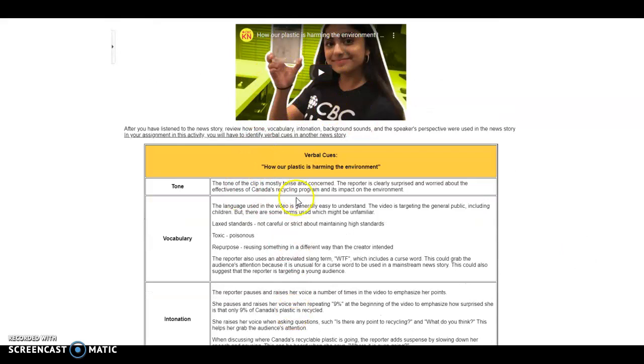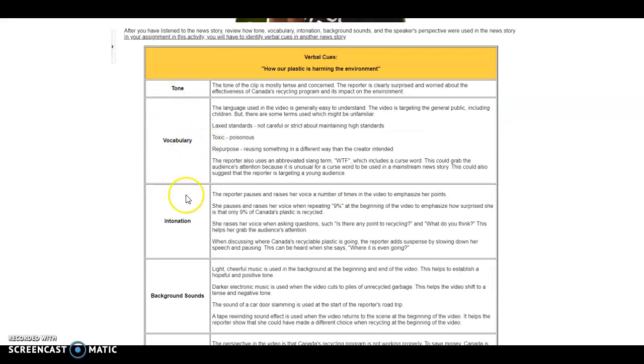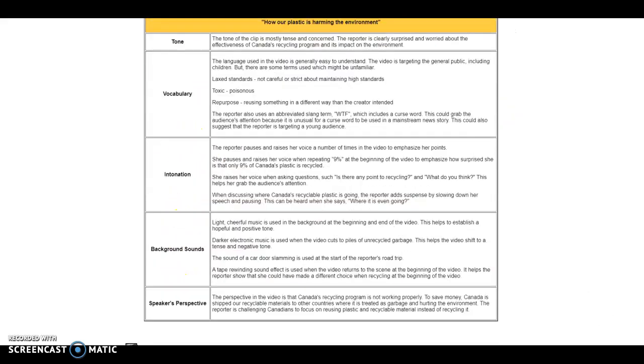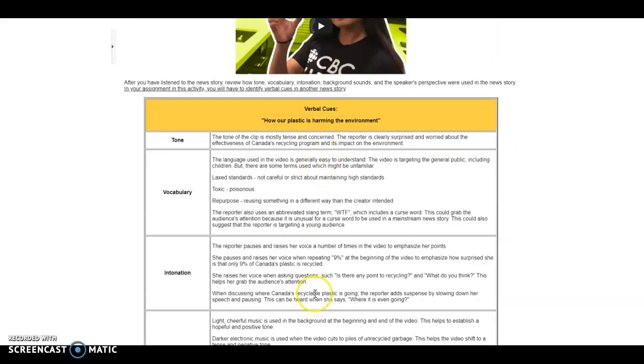It's very important that you pay attention to this video and understand how we determined the tone, the vocabulary, the intonation, the background sounds, and the speaker's perspective in that video, because you're going to have to do something very similar in your assignment in this activity. You're going to have to take another news video and apply these verbal cues on your own. So consider this practice for what you're going to do in the assignment.